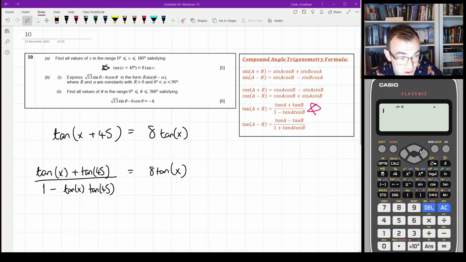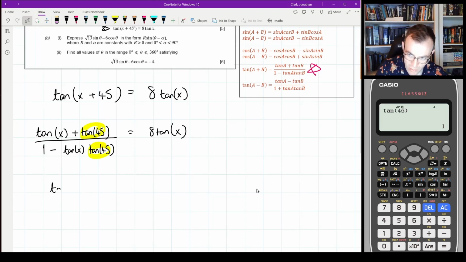Now, something convenient, you might already know the value of tan 45. It's a good one, just 1. So therefore, you can replace these with 1s, which makes it look a little bit more manageable. Tan x times 1 is just tan x, so I'll just leave it like that.